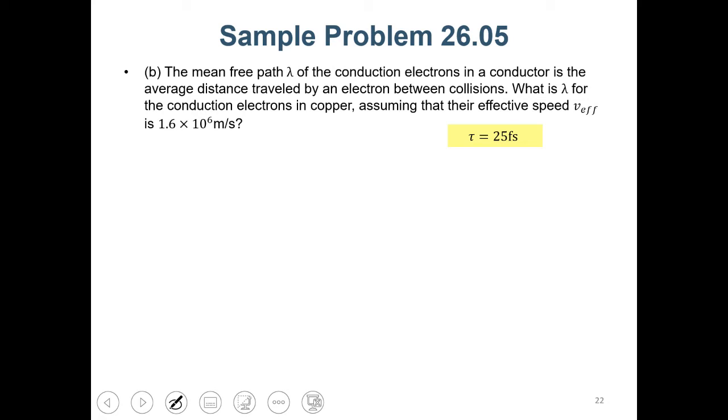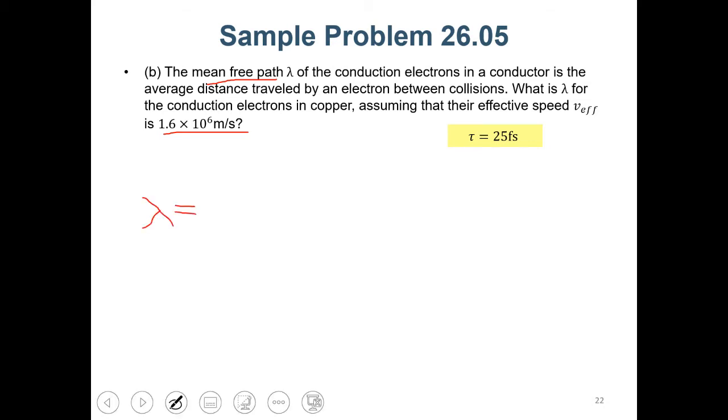For part B, what is the mean free path lambda of the conduction electrons in copper? Assume that the effective speed is like this. It is very simple.